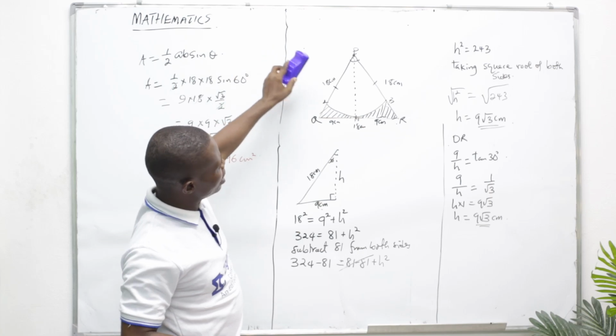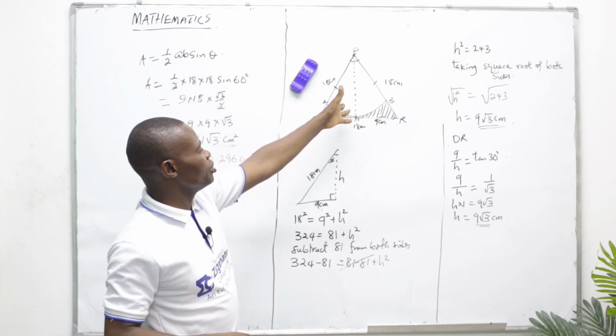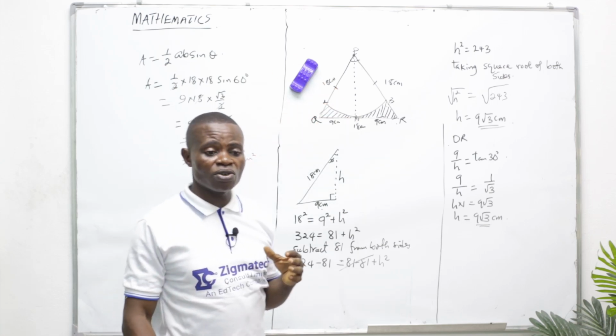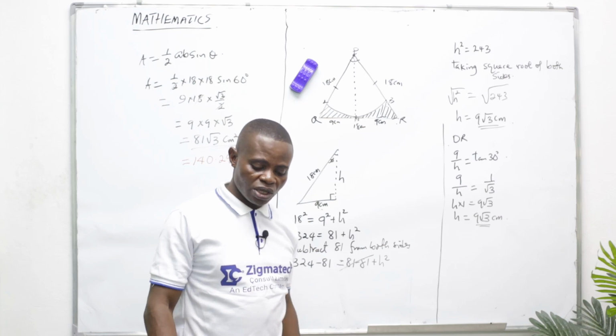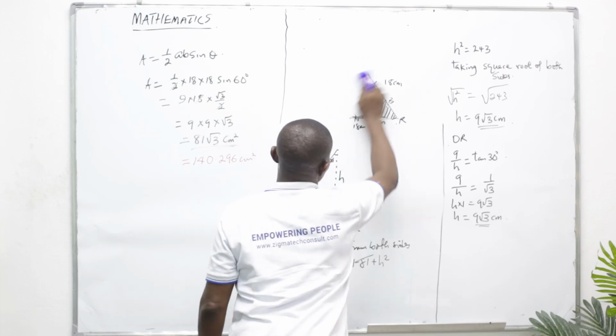Okay, the next thing we need to do, what is the next shape you are able to identify in this question? It is a sector. Now, what is the area of a sector? You ask yourself that question.